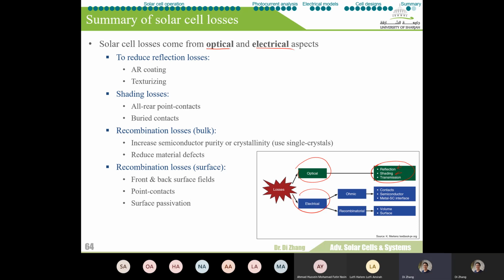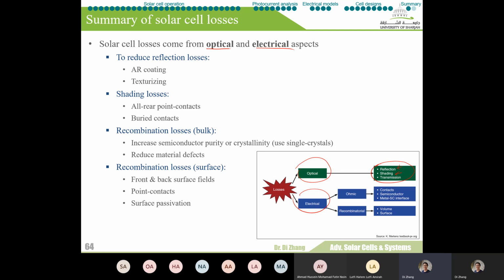In the context of a solar cell, the shading losses are different from the module or panel shading we talked about before. These shading losses are typically the shading from the fingers, which you cannot avoid.